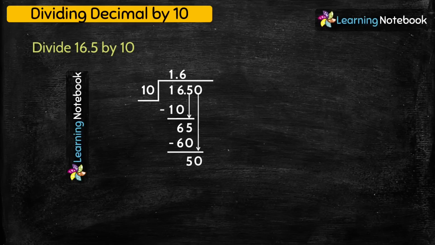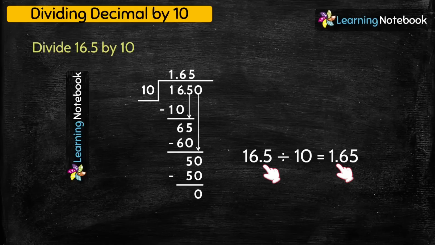Copy this 0 and now divide 50 by 10. 10 into 5 equals 50, and 50 minus 50 equals 0. So our division is complete now and we have got the answer as 1.65.